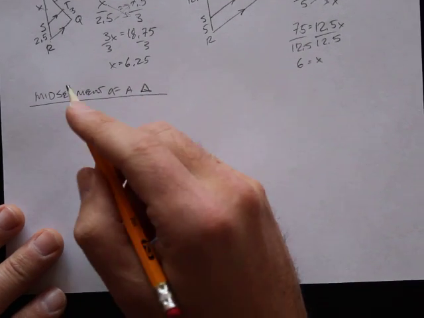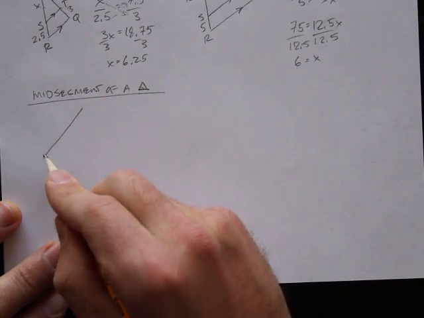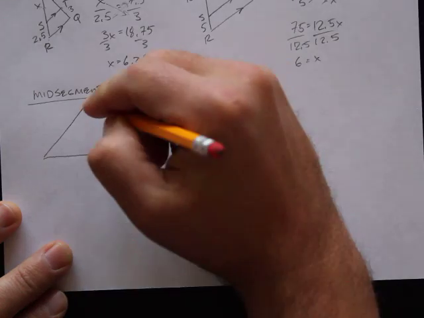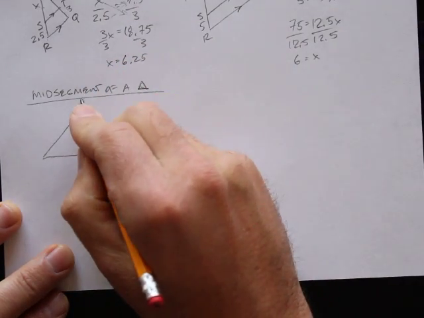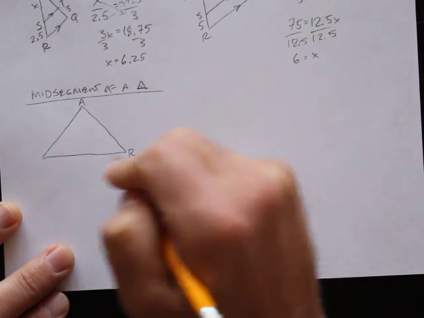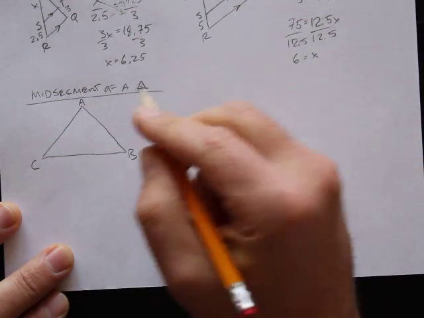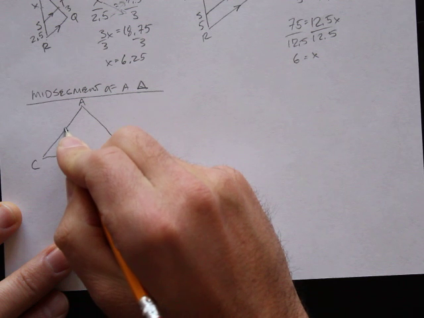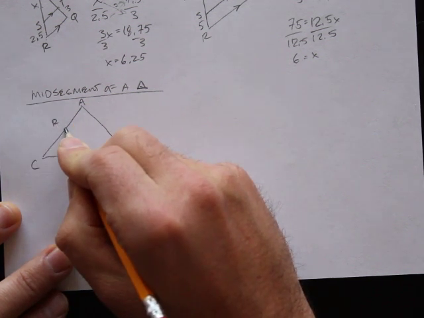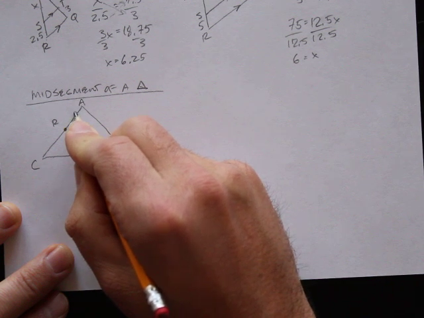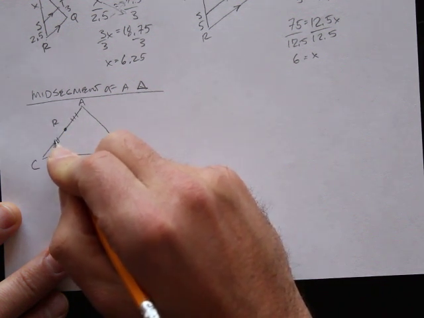So first we're going to draw a big triangle. And this triangle we're going to call A, B, C. And then right in the middle of AC, we're going to put a point, and that's going to be point R. And it's in the middle, so that means AR is congruent to RC.